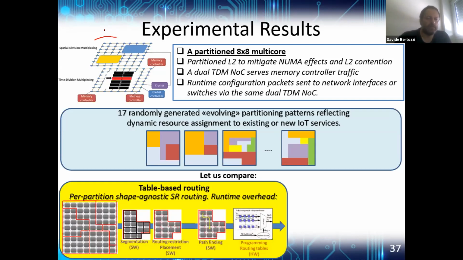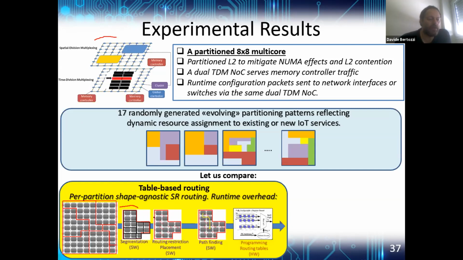We compare a table-based traditional routing mechanism that, for every partition in the new scenario, needs to customize a topology agnostic routing algorithm and find the routing paths to program the routing tables. We are using here segment-based routing, which is a topology agnostic, in this case a shape agnostic, routing algorithm. The way it works is that for every new partition shape, it splits the partition into segments based on some criteria.